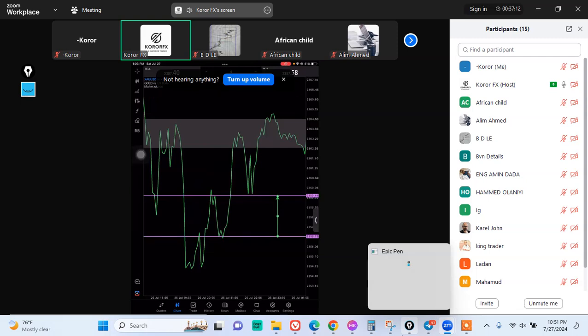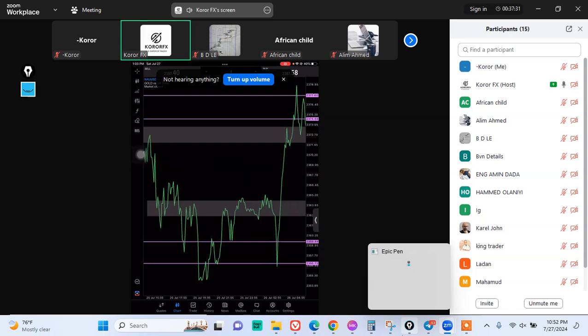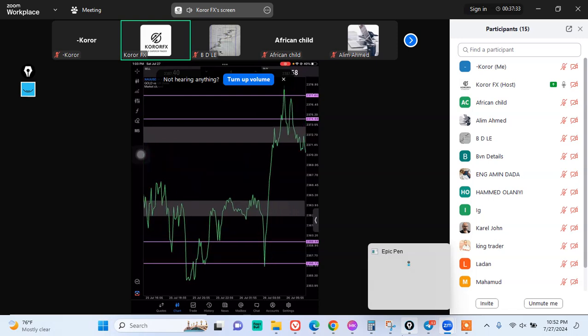But you guys can see this is not 30 pips. Alhamdulillah, it's good. You guys see 26 pips, 260 points. Divide by 10, it's 26, right? So our zone is very small. And then you guys can see price is touching the zone. All right?